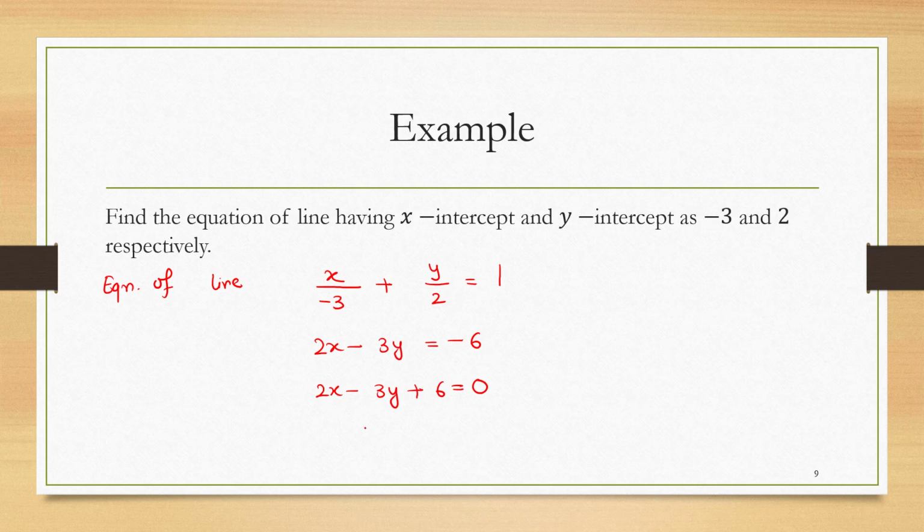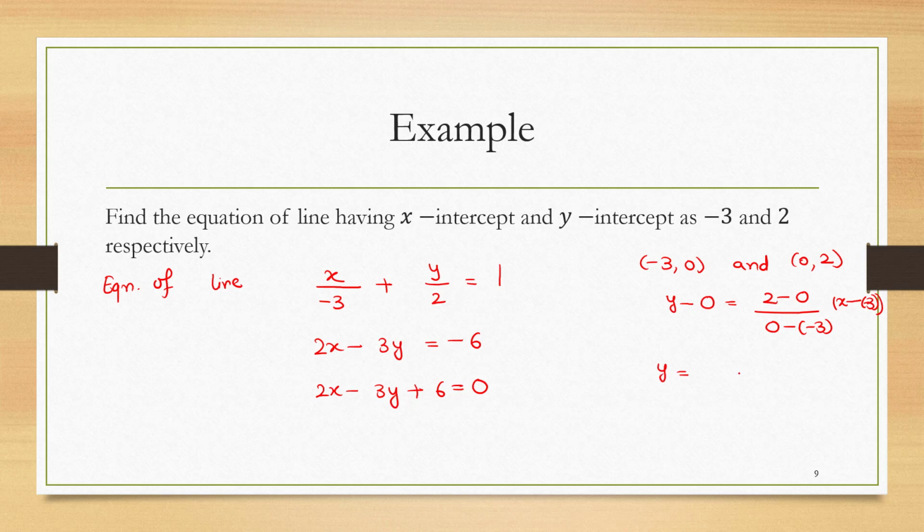We can do it in an alternate way also. The x-intercept is minus 3 and the y-intercept is 2. That means it is passing through (minus 3, 0) and (0, 2). Now we can apply the two-point form, that is, y minus y1 is equal to (y2 minus y1) upon (x2 minus x1) into (x minus x1).